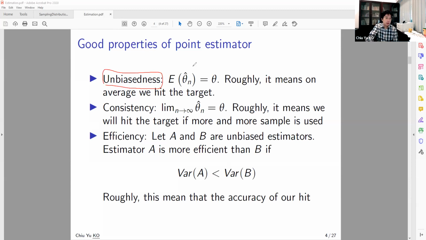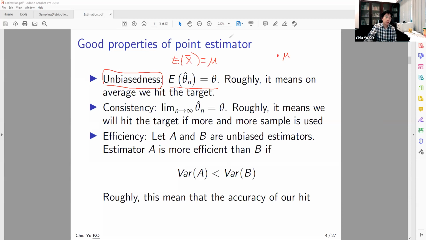This is a property you know very well: the expected value of the sample mean is the population mean. So if you want to use the sample mean to estimate the population mean, that's a good thing. It means that on average we roughly hit the target. Suppose this is the mu.